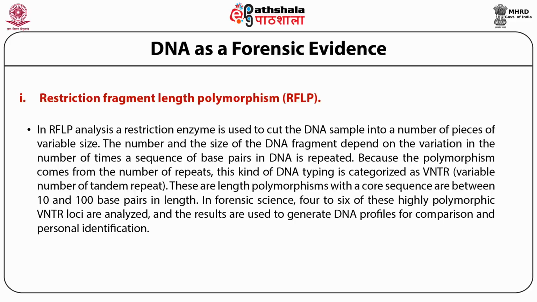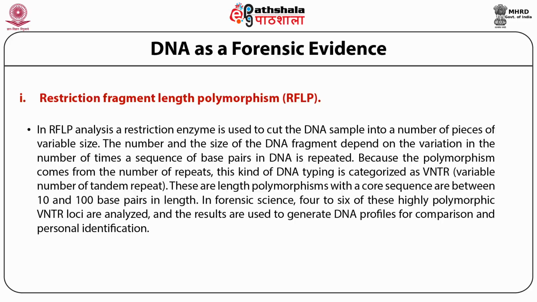Because the polymorphism comes from the number of repeats, this kind of DNA typing is categorized as VNTR, that is, variable number of tandem repeats. These are length polymorphisms with a core sequence between 10 and 100 base pairs in length.